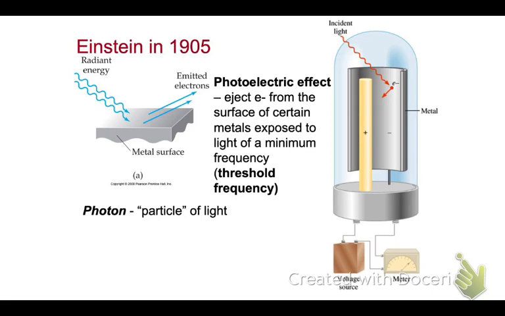If I shine light on the surface of the metal, I have to have at least that minimum frequency, then an electron will be emitted. And this is when we started to understand that a photon is a particle of light. So it has a dual kind of nature. We can think of it as a particle because of the electrons, but it's also a wave because it's an electromagnetic radiation.